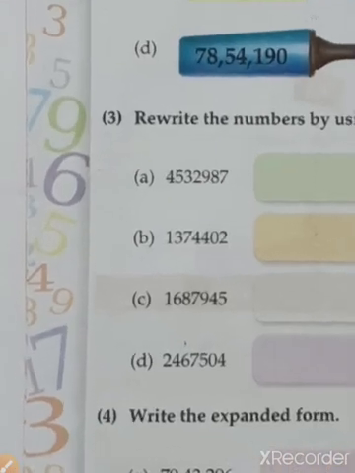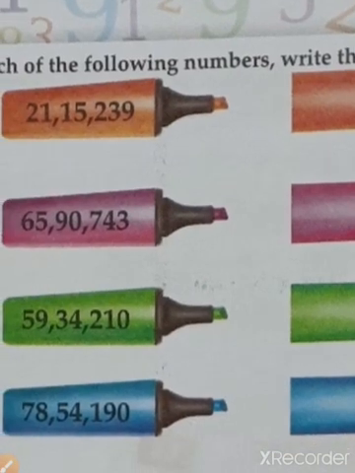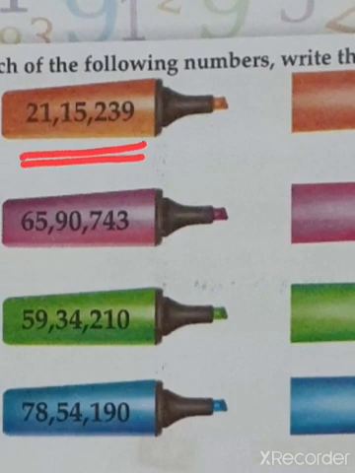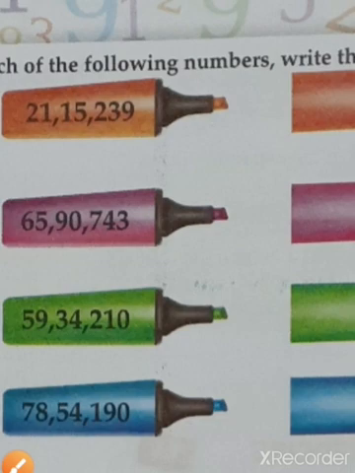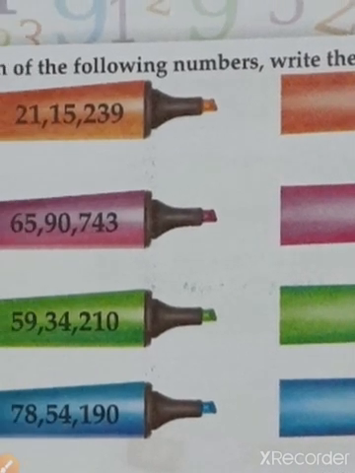So students, you can see the first of it. The first number is 21 lakh 15,239. Okay students, the first one. Now we have to write the place value of 5 in that. So what is the place value of 5? So first of all you have to check the place of it.